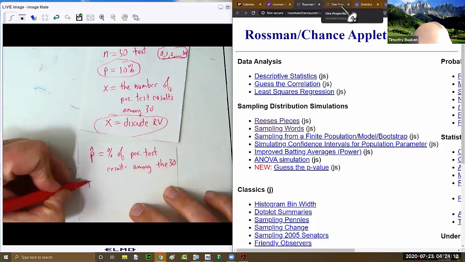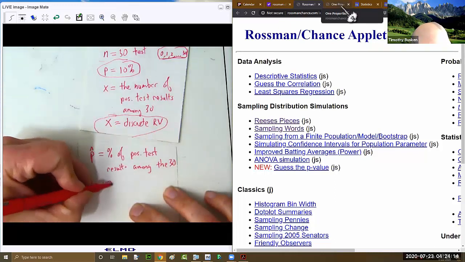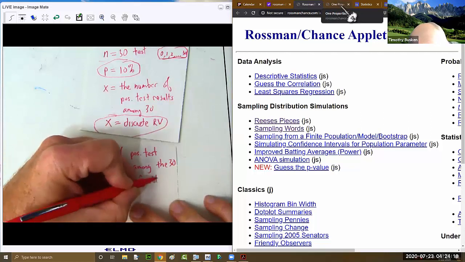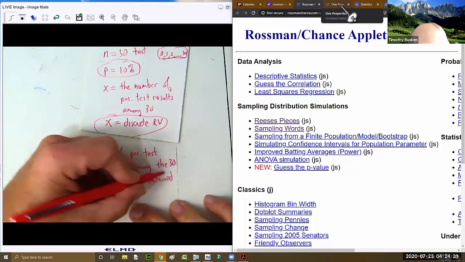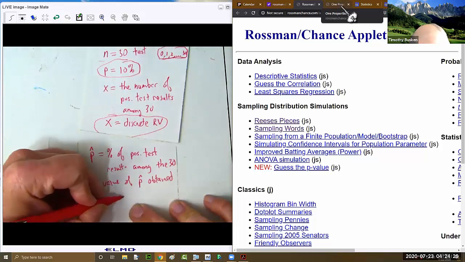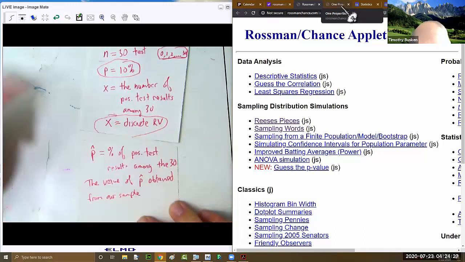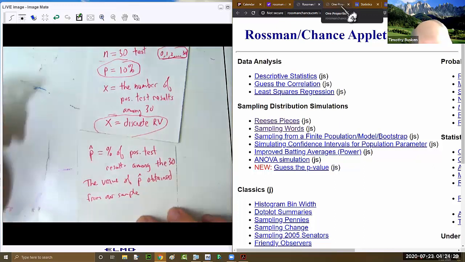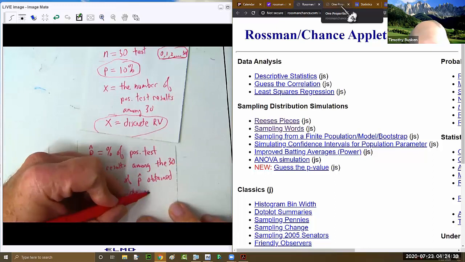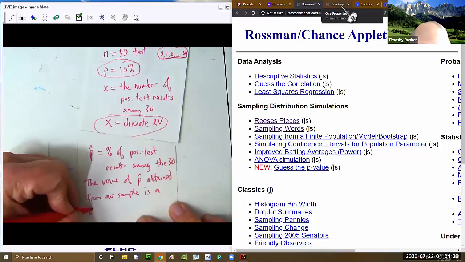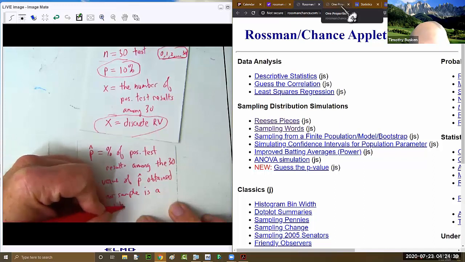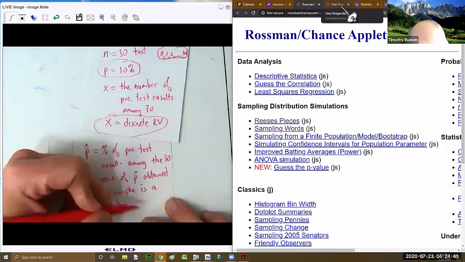I'm just going to write that down. The value of p hat obtained from our sample is a value taken from the sampling distribution of p hat.